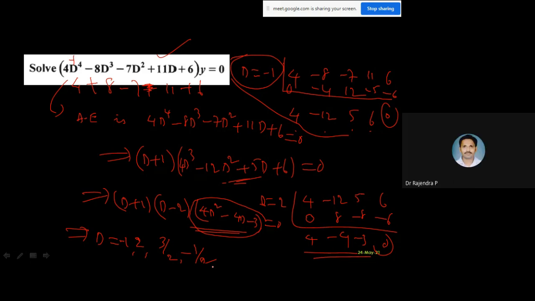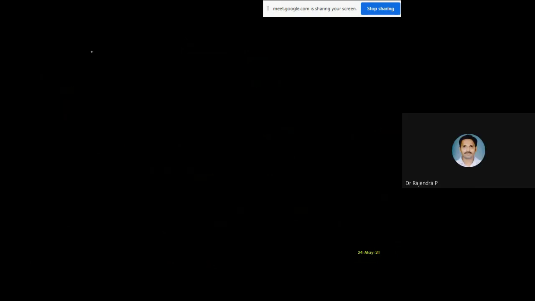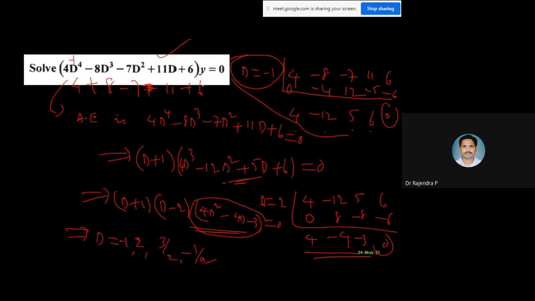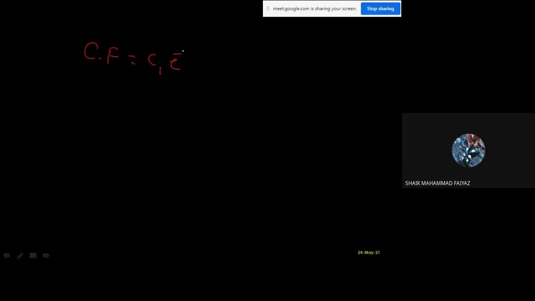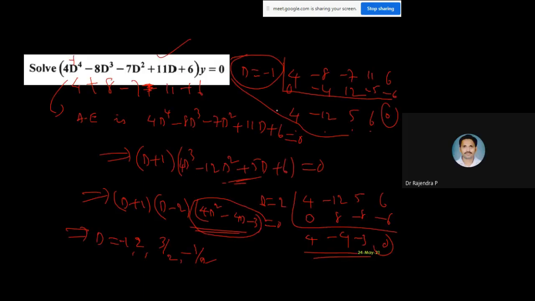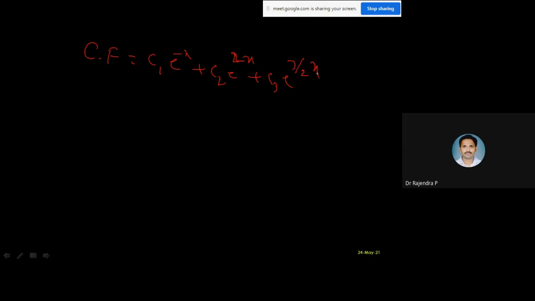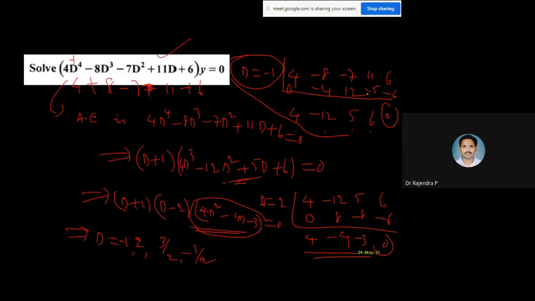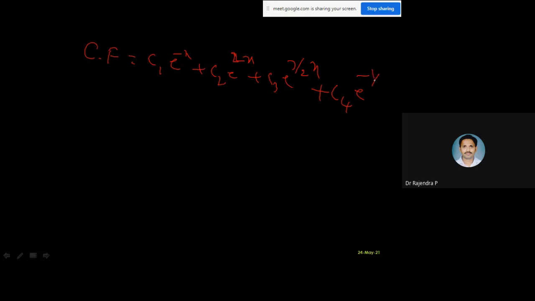Very good. Now you tell me the complementary function. C1 e^(-x), since the roots are -1, plus C2 e^(2x), plus C3 e^(3x/2), plus C4 e^(-x/2).